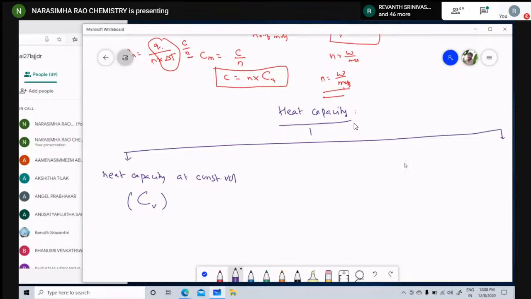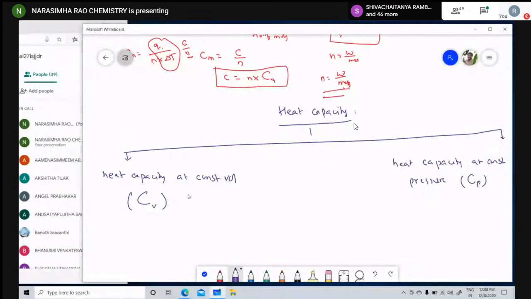Now, heat capacity at constant pressure, Cp.